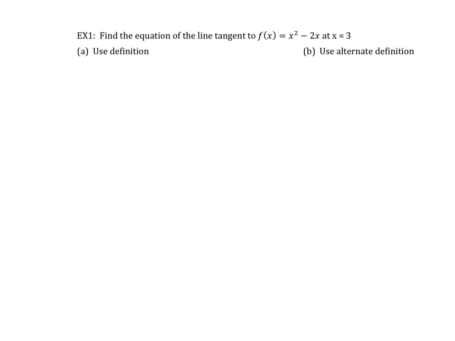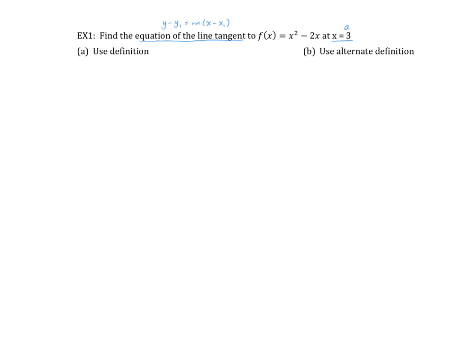So in example 1, we want to find the equation of a line, okay, that's tangent. So equation of a line, I'm going to use y minus y sub 1 equal to m times x minus x sub 1. So this line is going to be tangent to this function f at the point x is equal to 3. So in our formula, a is 3.